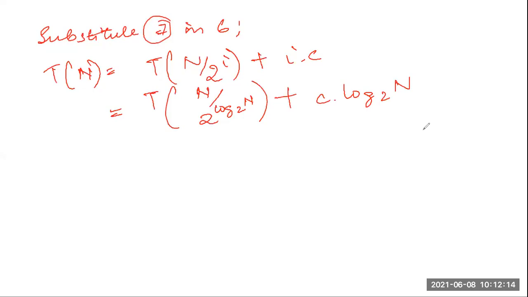Yes or no? In place of I, I have to substitute log 2n. In place of I have substitute log 2n. Is it right?